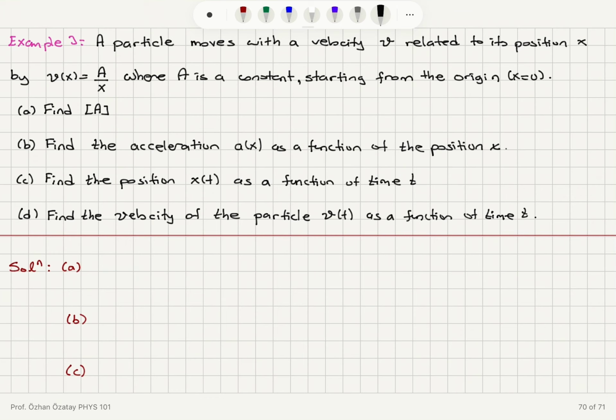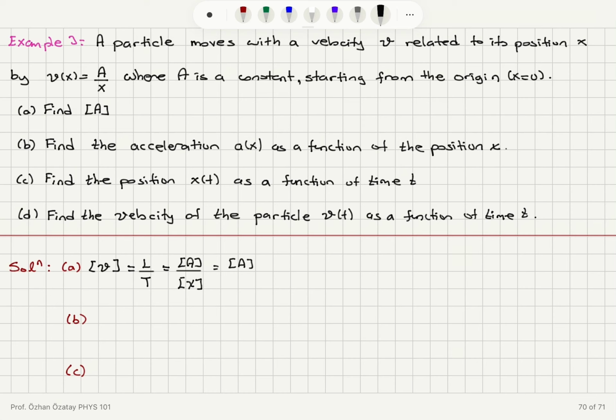Now, since the velocity of the particle has a relationship with x, a over x, the dimension of the velocity is the distance we travel per unit time, L divided by t, that is the dimension of a divided by the dimension of x, position.